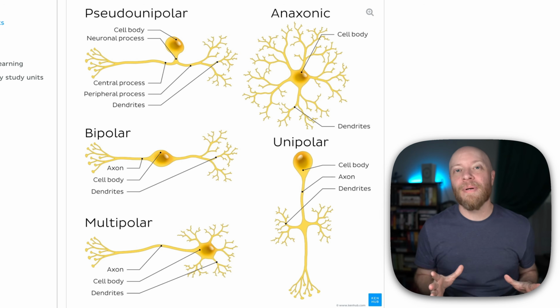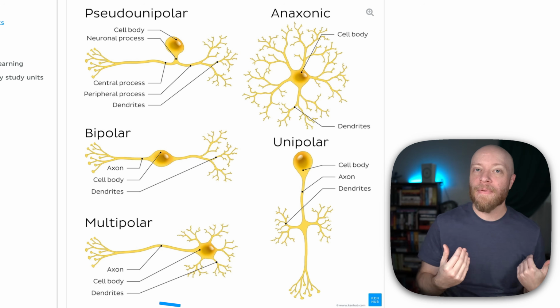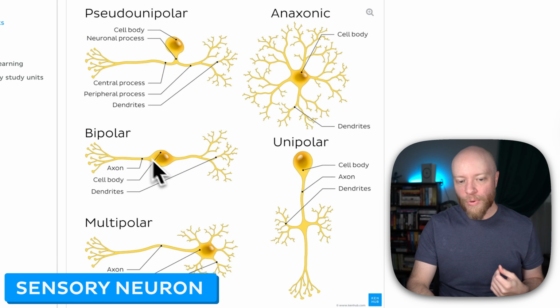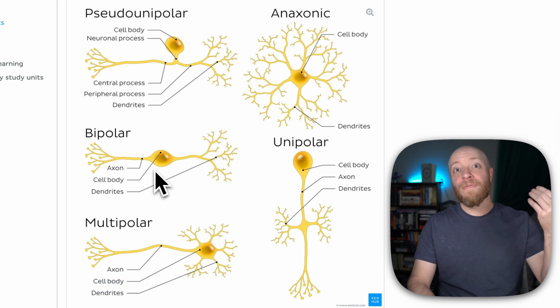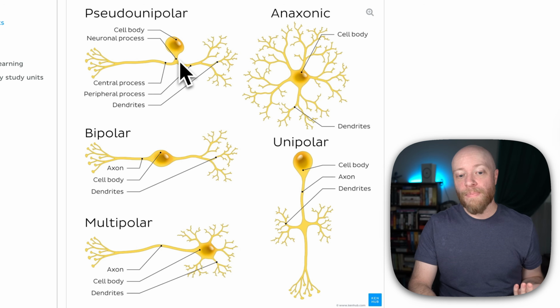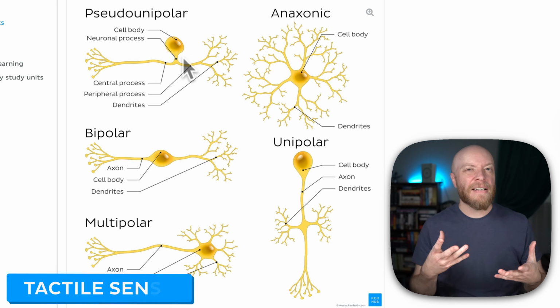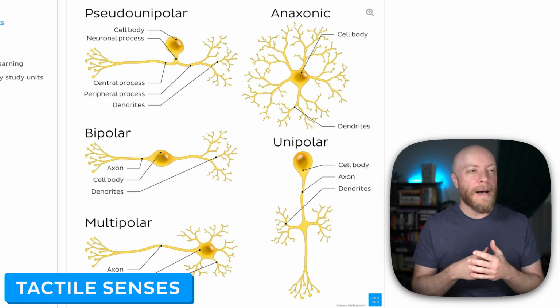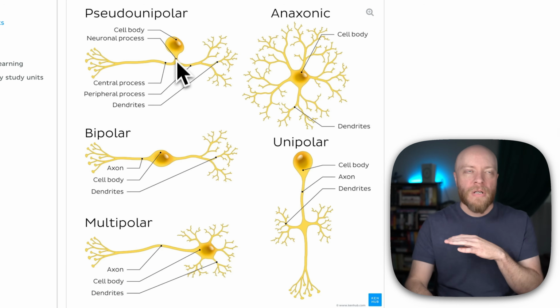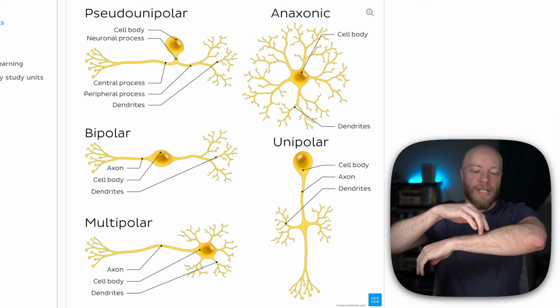Now, this is very common in the human body. This is another type of sensory neuron. So the bipolar neuron, if you remember me saying, this was for special senses. A pseudo-unipolar is going to be for tactile types of senses. So you're going to find this, let's just give an example. It's like touch, right?